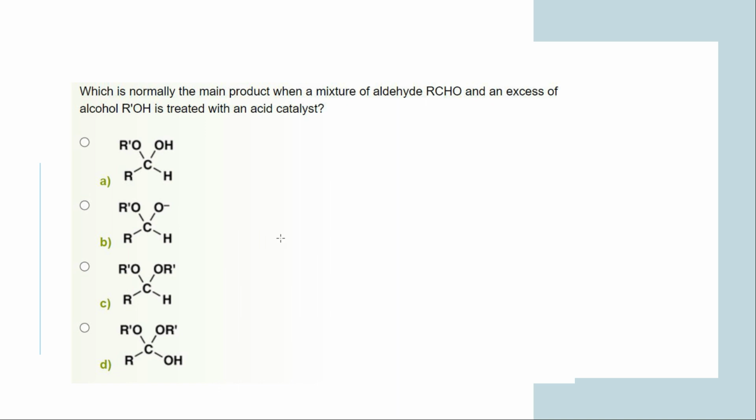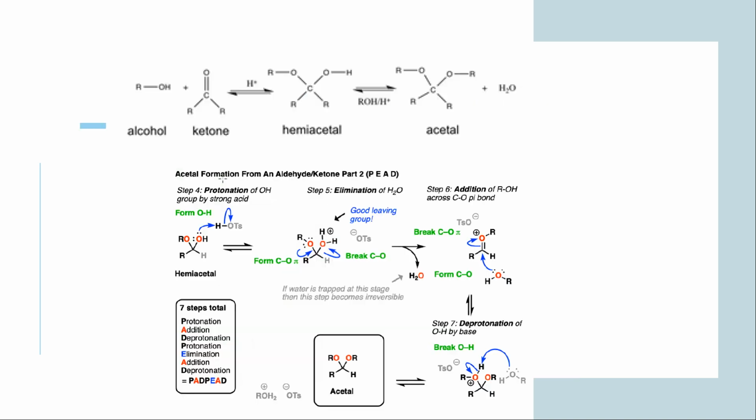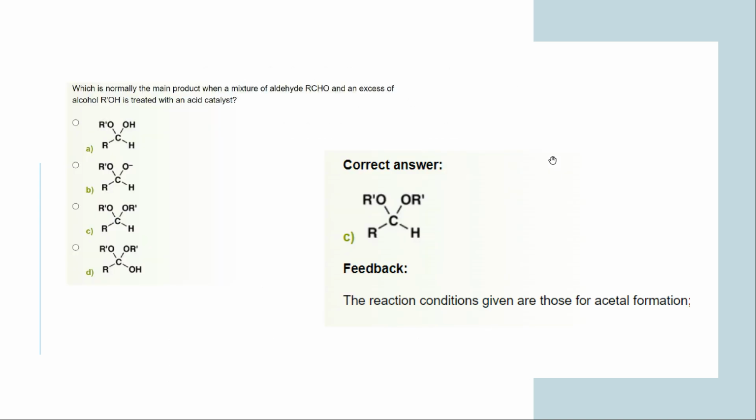And in the next question, we saw what happened when aldehyde was treated with alcohol in presence of acid catalyst. We also talked about the mechanism of acetal formation, and we saw that you need acid catalyst particularly to get an efficient acetal formation. So we saw that option C, acetal, was the correct answer for this reaction condition.